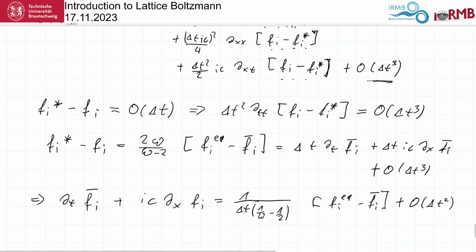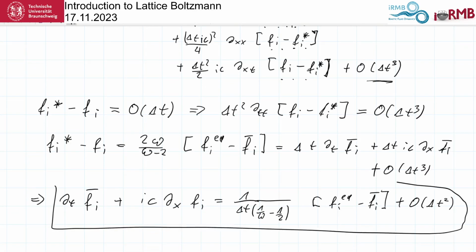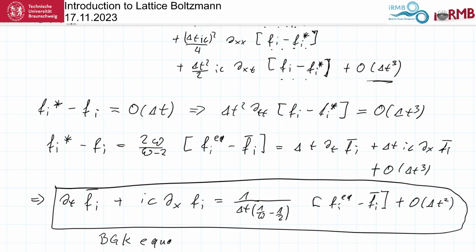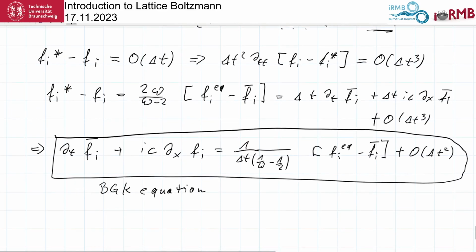So this is the BGK equation coming out of our model, with something interesting, namely that tau, we have to identify tau as being 1 over omega minus 1/2 delta t.